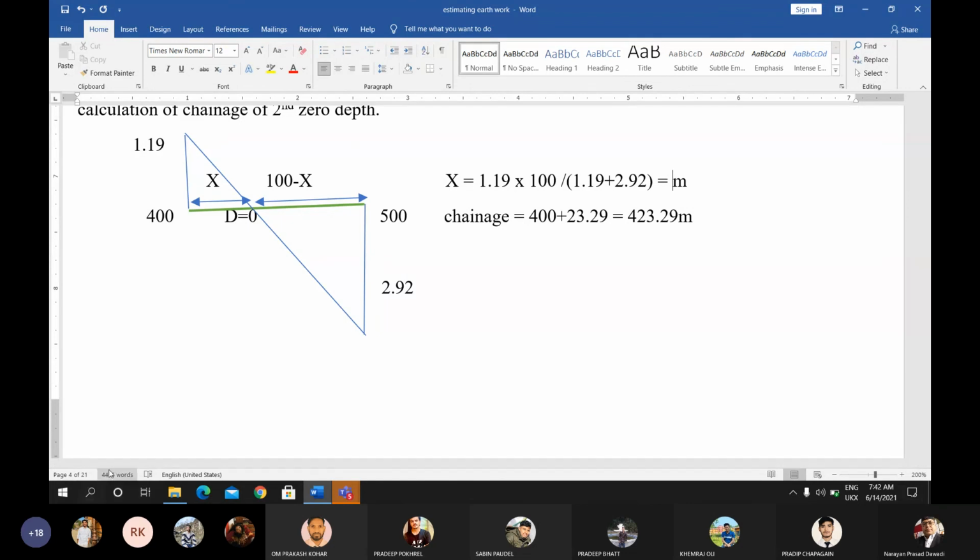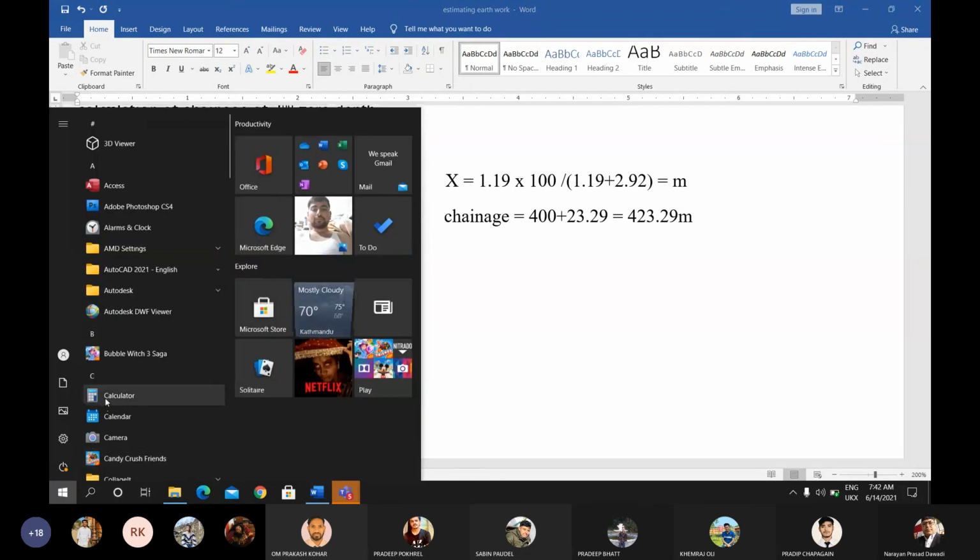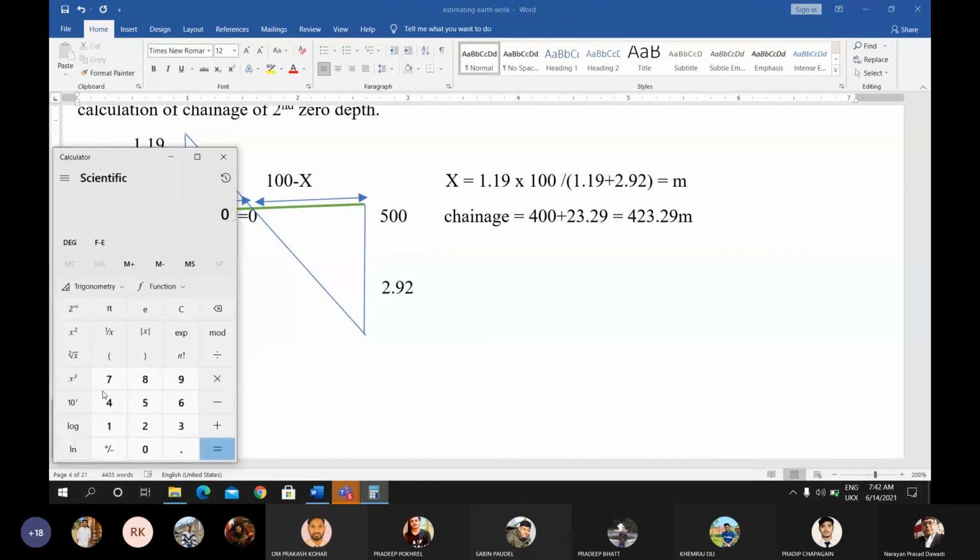What will be the value? Calculate. 119 divided by 1.19 plus 2.92. Okay, 28.95 should be.